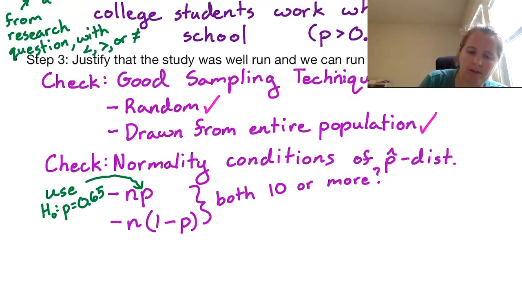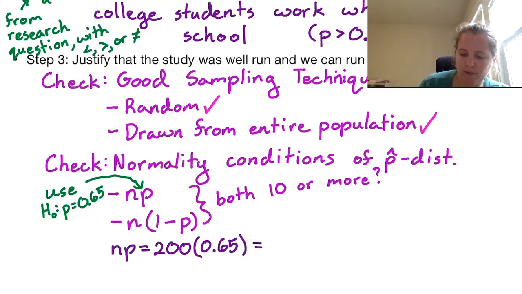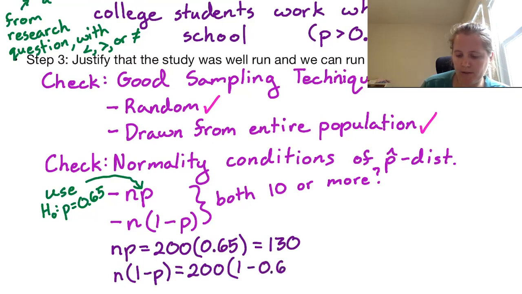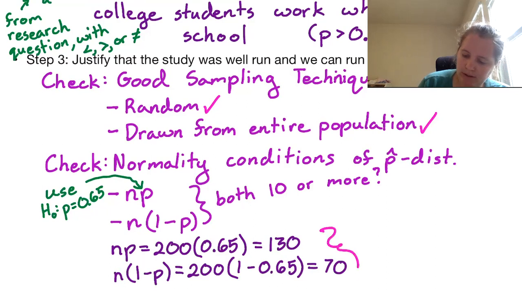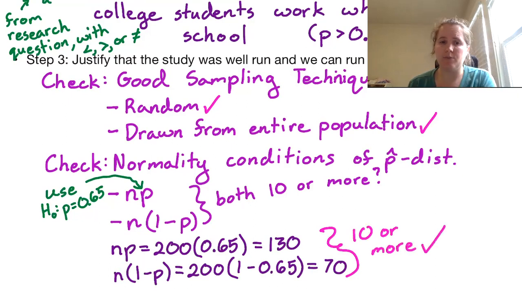And so what we'll have then is that n times p is equal to 200 times 0.65, otherwise known as 130. And n times 1 minus p is equal to 200 times 1 minus 0.65, otherwise known as 70. Both of these are indeed 10 or more. And so we have our condition met.